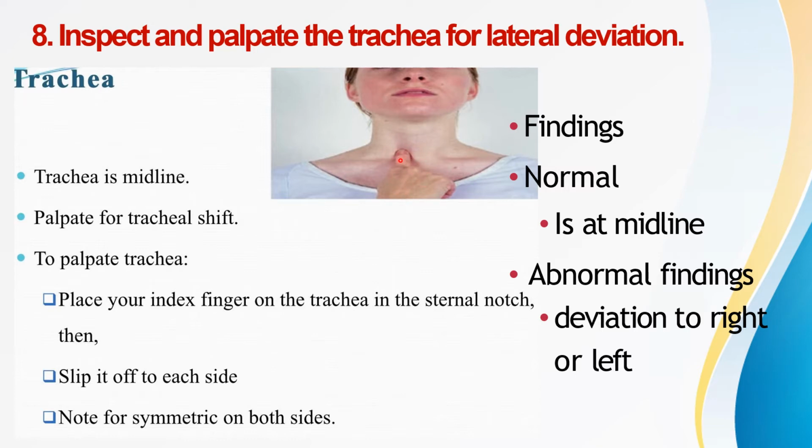So the normal finding is that the trachea is found to be at the midline, and we have to look for tracheal shift either to the left side or to the right side. Abnormal findings is, of course, deviation to either of the sides.